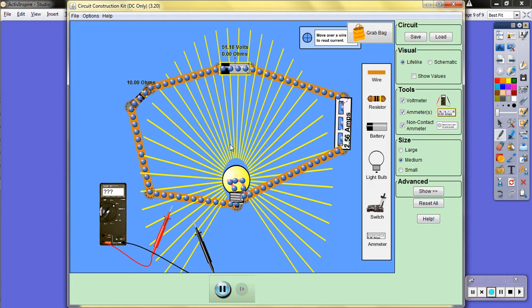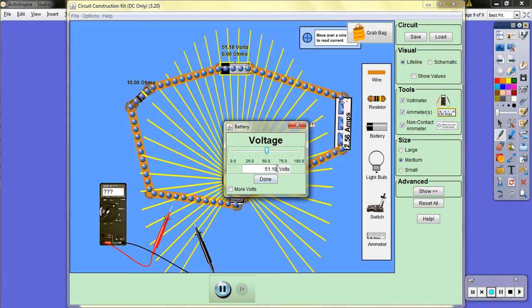Show value. I said 90. Change voltage. Maybe it doesn't go up to it. Well, I want 90. Make this 90 volts.